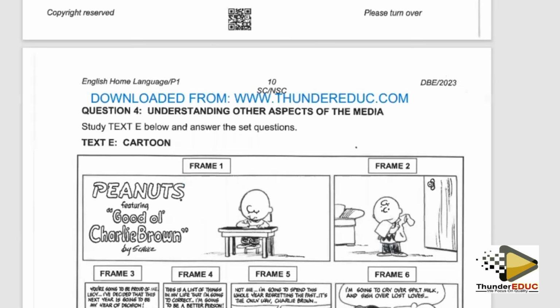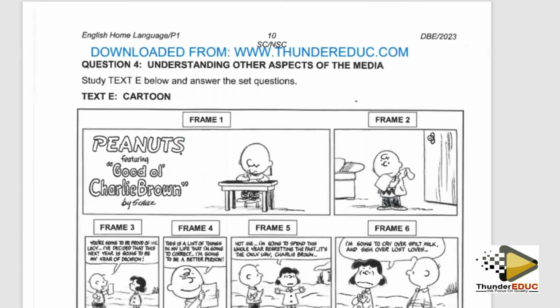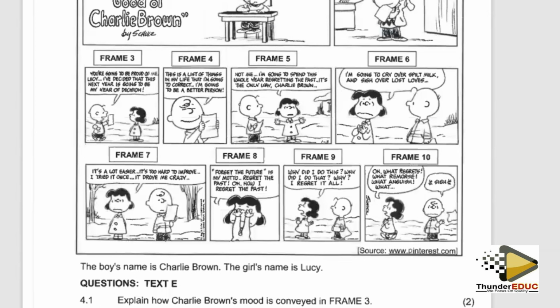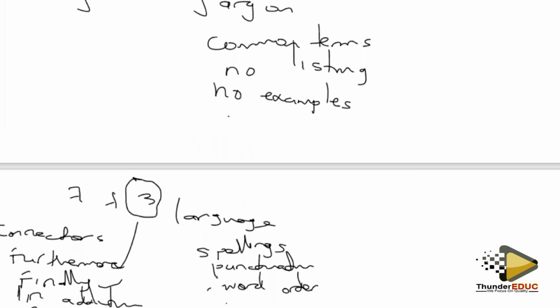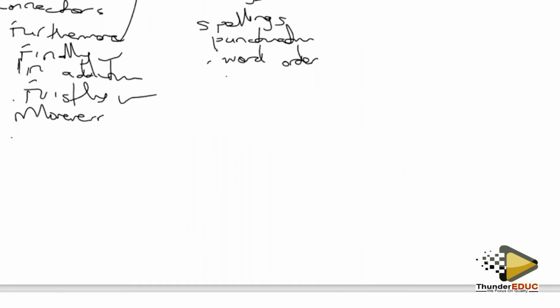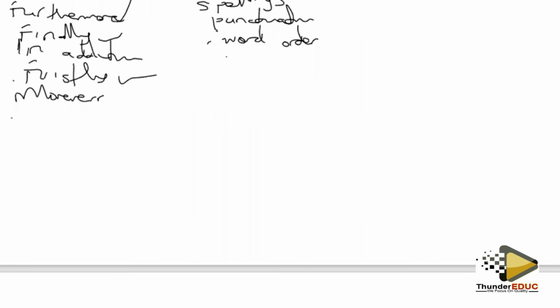We also have characteristics of cartoon. Remember, in cartoon, we also are given verbal clues, visual clues. They will come in for you. So you must be able to, let's go to cartoons. Cartoons, we have verbal clues. We have visual clues.